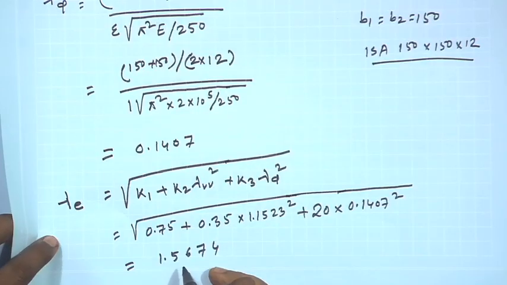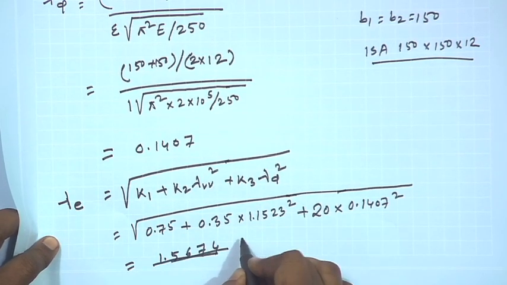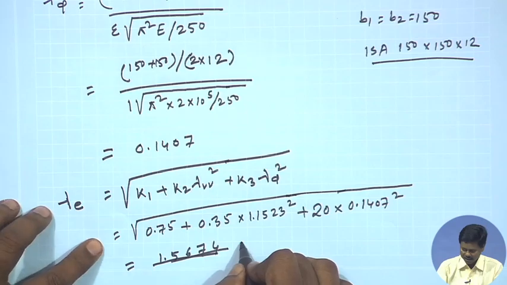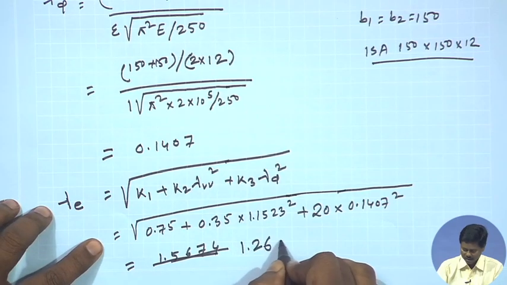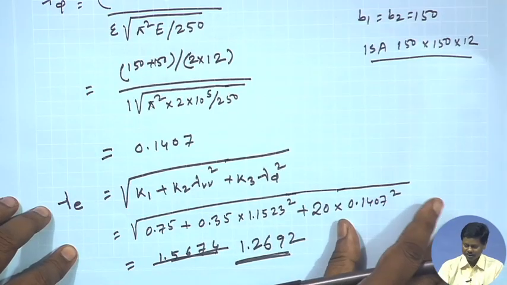Phi value we have not calculated. We have calculated this lambda e value, and I made a mistake: lambda e value is 1.2692, right.